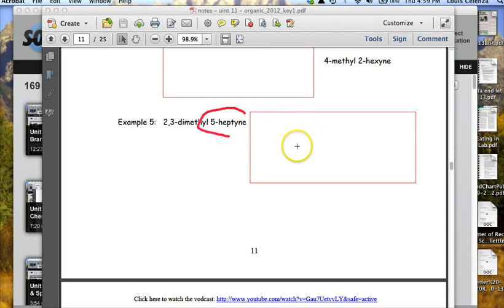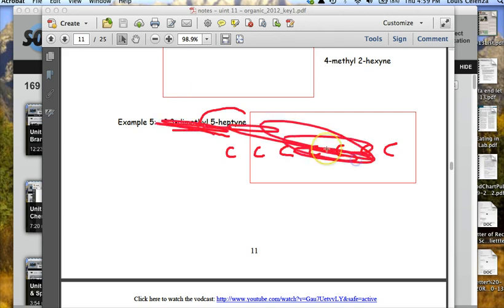There's 1, 2, 3, 4, 5, 6, 7. And it's between the 5th and the 6th. So that's 1, 2, 3, 4, 5, 6. That's incorrect because if it's between the 5th and the 6th, you would actually number it from the other end, 2, 3. So I'm going to cross that one out too. I think there might be a mistake with that one too. Alright, so I think this lesson's probably long enough.